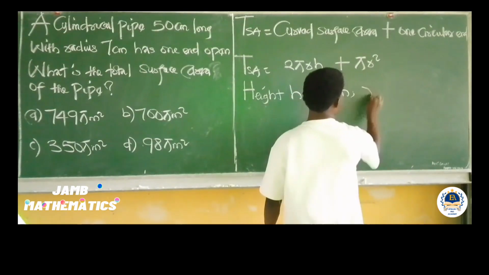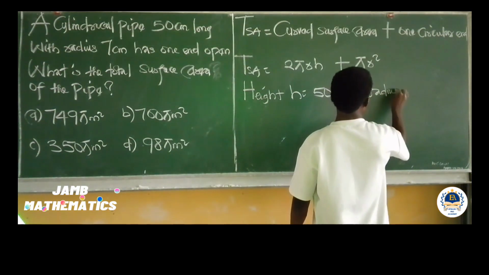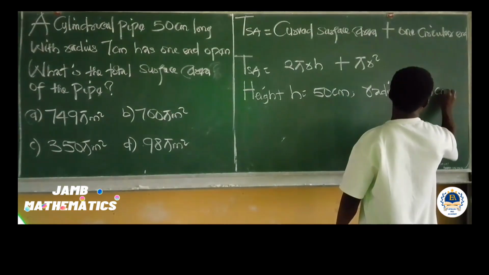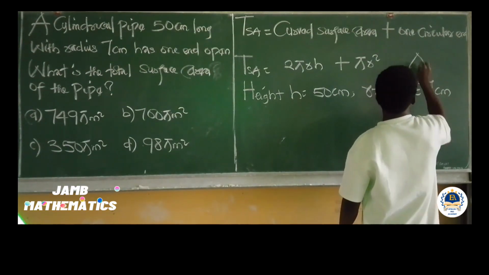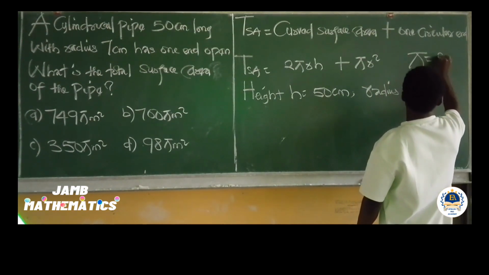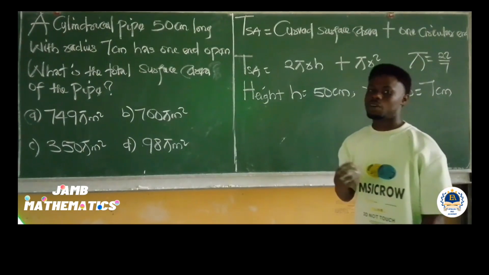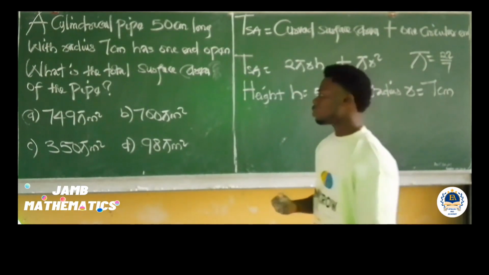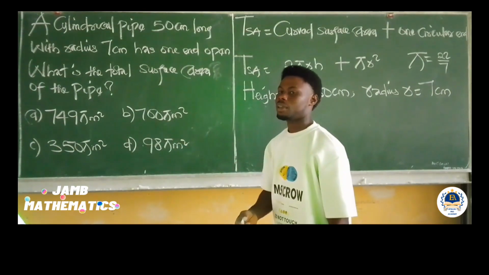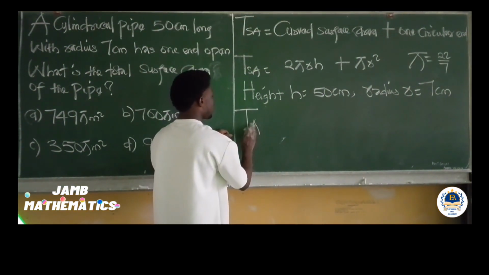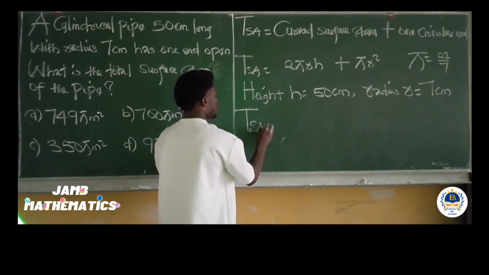So radius r is equal to 7 cm, and pi is given as 22/7. But at this point, we are not going to make use of the value of the pi because the question was expressed in terms of pi. So let us substitute into the formula.